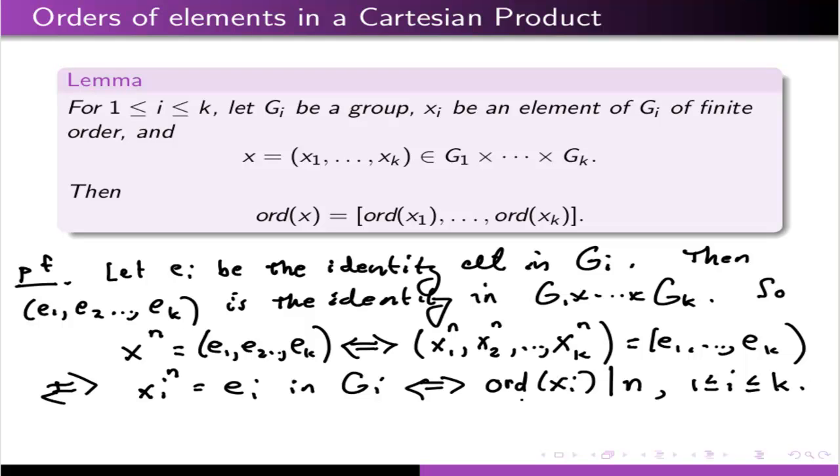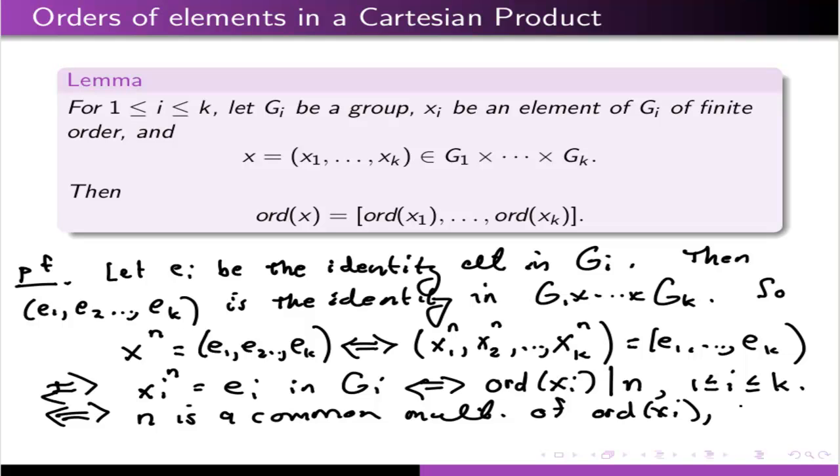Aha, that just means that n is a common multiple of all of these orders, the orders of the xi's.